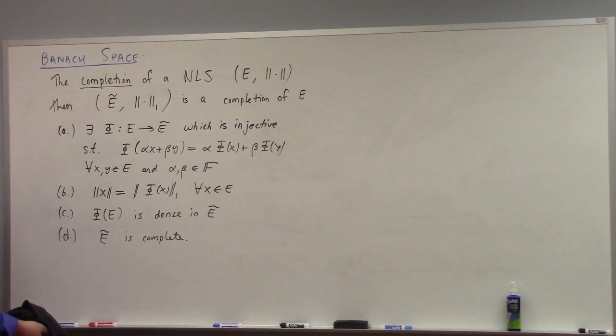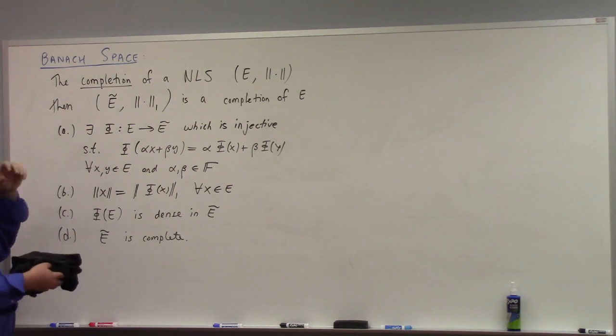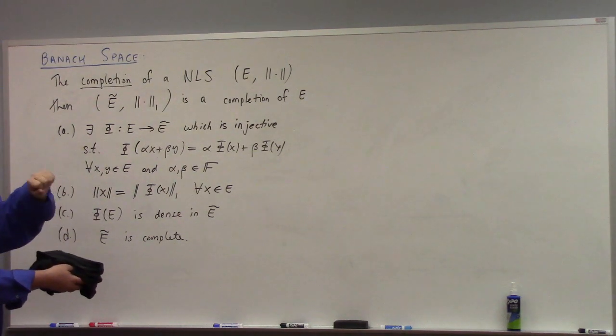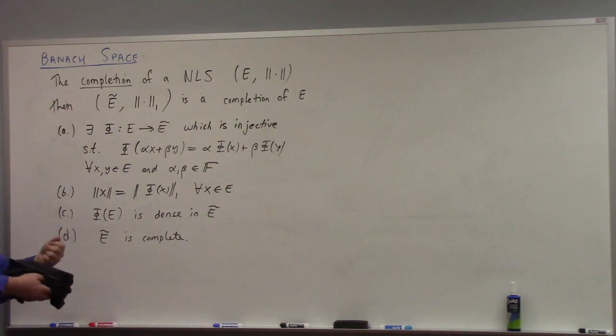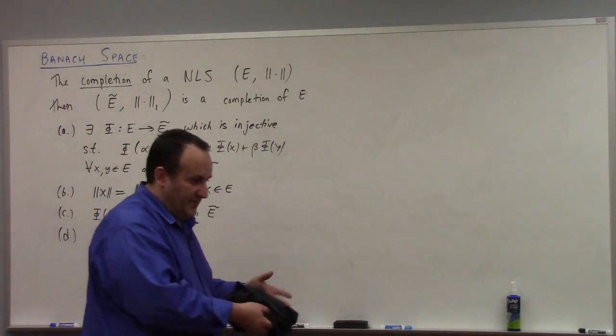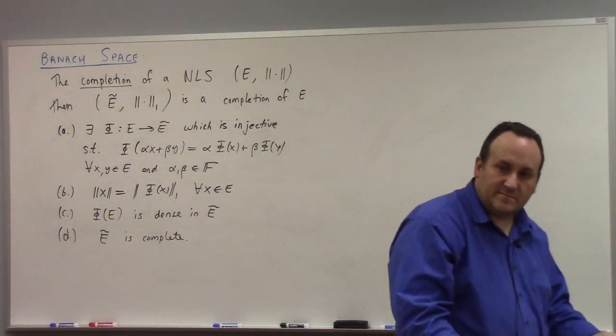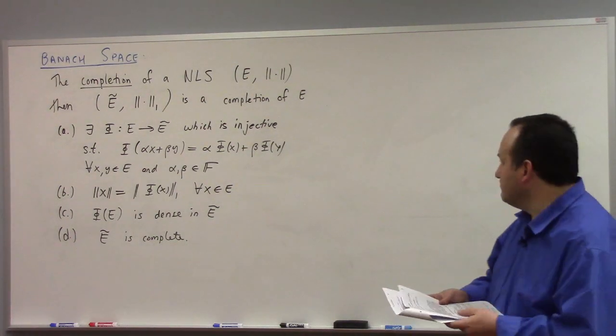If we do this to the rational numbers, we get a complete space, and that will be the real numbers. The completion of the rational numbers with respect to the regular absolute value function is the real numbers. You can make that careful.